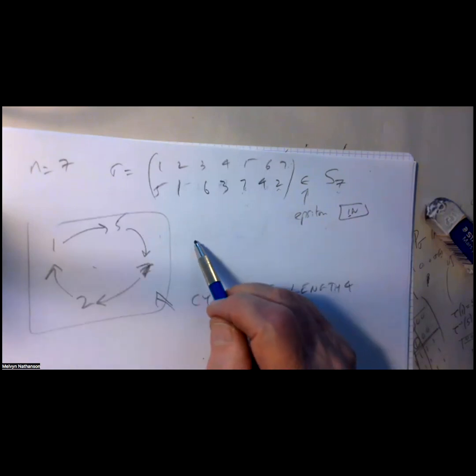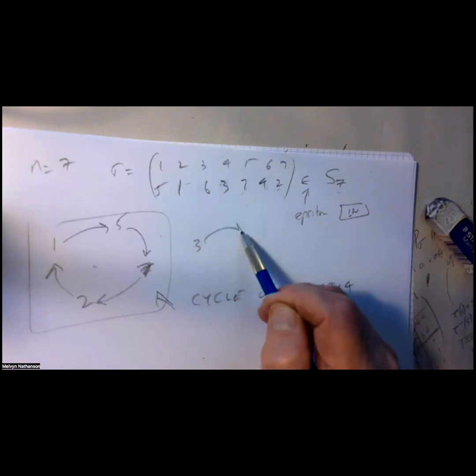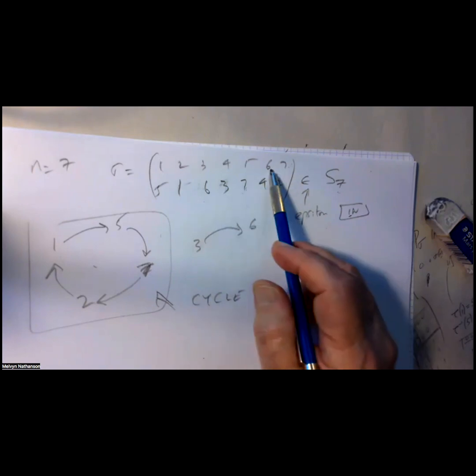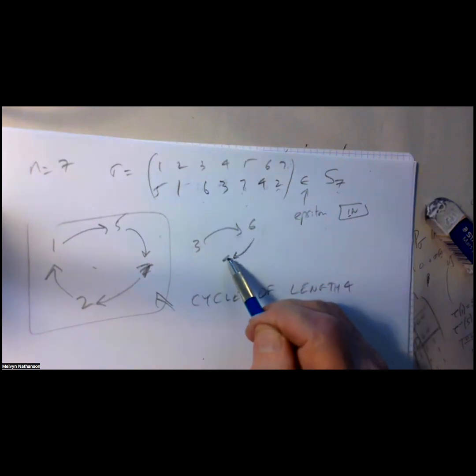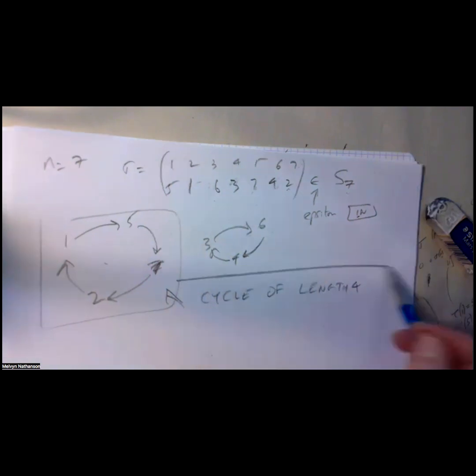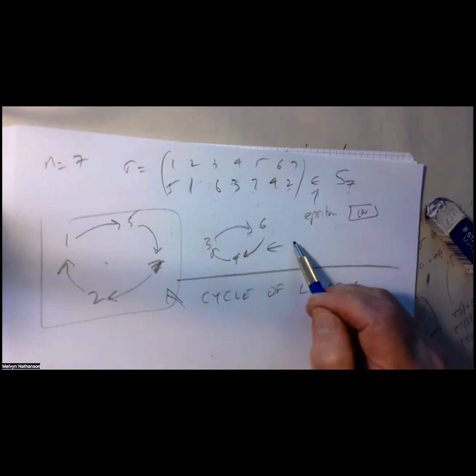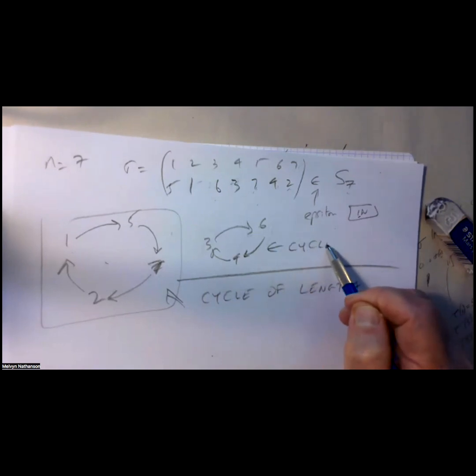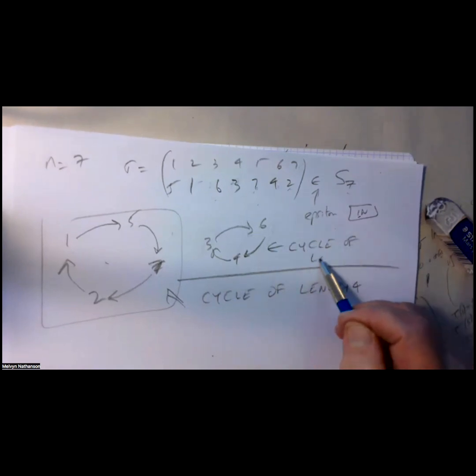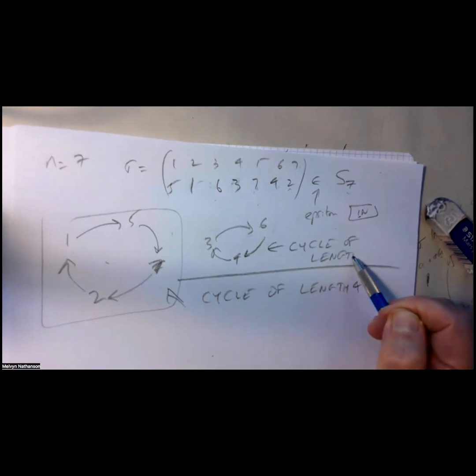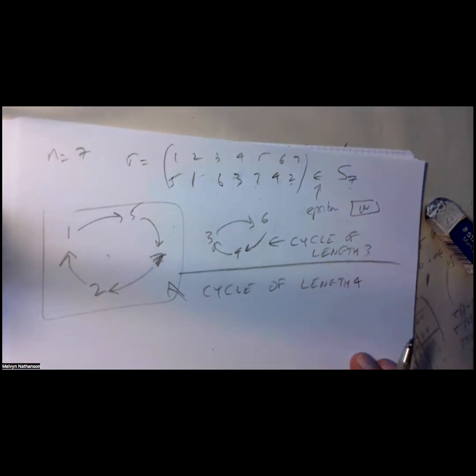What about the other numbers? 3 goes to 6, 6 goes to 4, and 4 goes back to 3. So this is also a kind of cycle. This is a cycle of length 3.